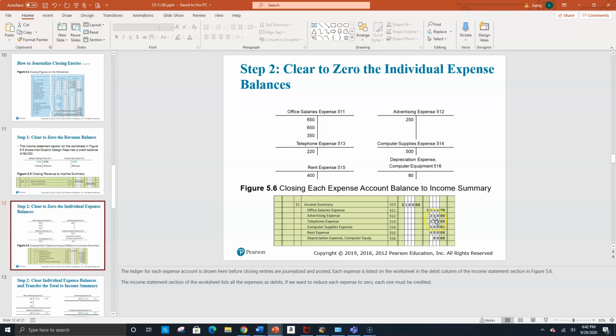Then you look at the balance in the advertising expense and you credit that $250. You look at the balance in the telephone expense and you credit that $220. You look at the computer supplies expense and credit that $500. You look at the rent expense and credit that $400. And you look at depreciation expense and credit that $80. And then you debit income summary $3,100.